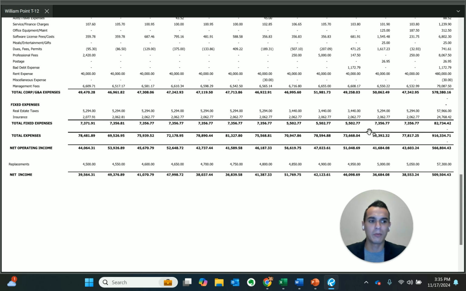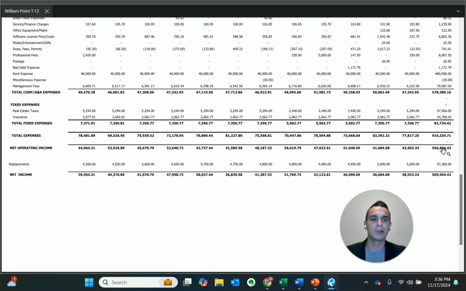And remember, our total income was around 1.478 million, I believe it was. You take that away and you're left with a net operating income of $566,804.43.